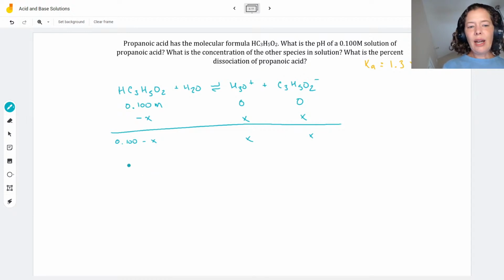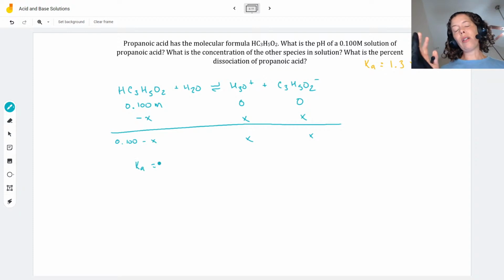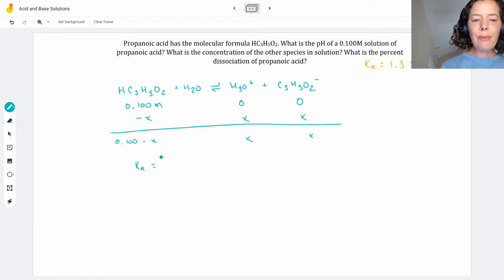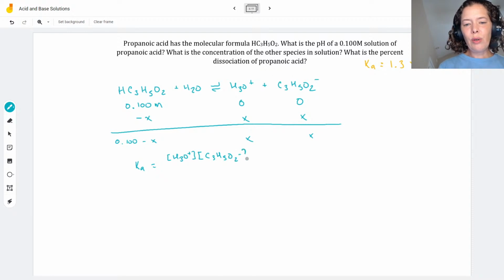Okay, so now we have our Ka, let's actually write our expression. So remember, for all equilibrium constants, it's going to be products over reactants. So in this case, we are going to have hydronium, our conjugate base, C3H5O2, and that is going to be over our original propanoic acid, C3H5O2.